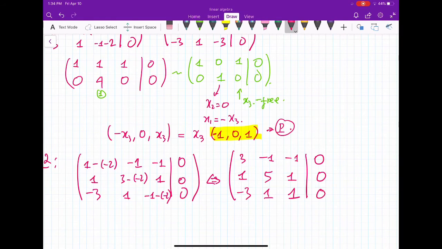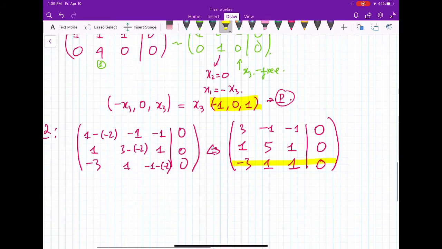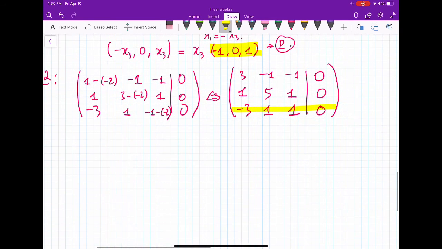All right, here's 0. And we see that actually we can ignore the third equation because that is just the negative of the first equation, right? And I can multiply the second row by -3, add to the first. So I have the following: 1, 5, and 1, 0, 0.